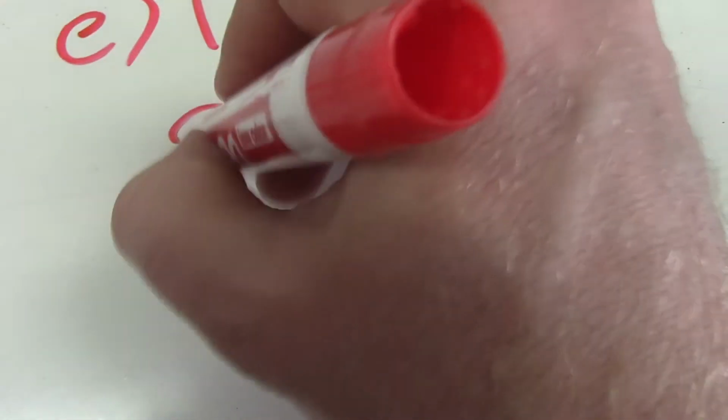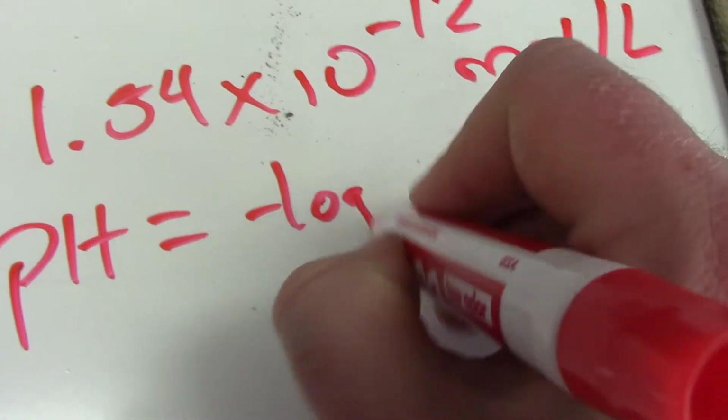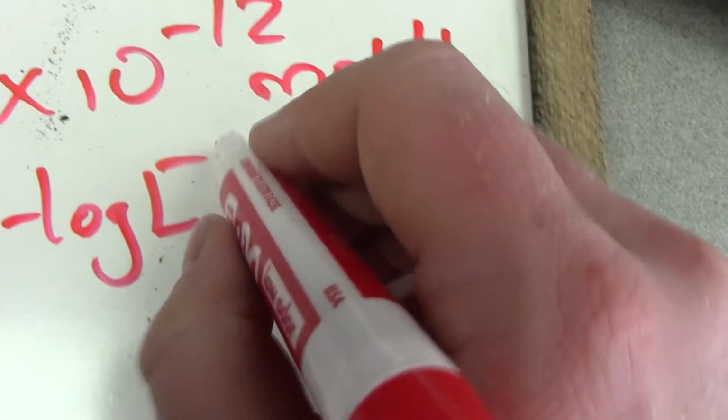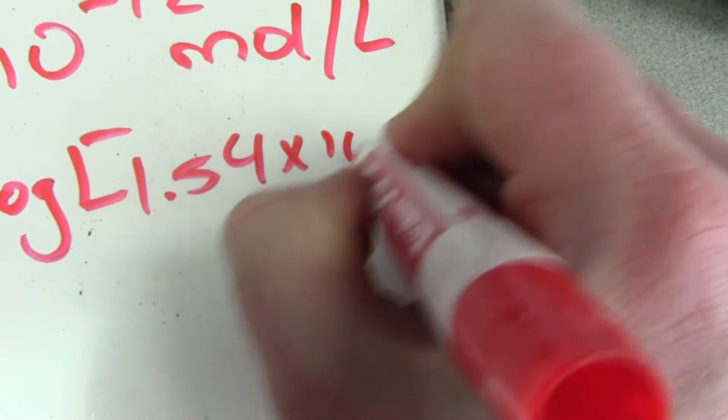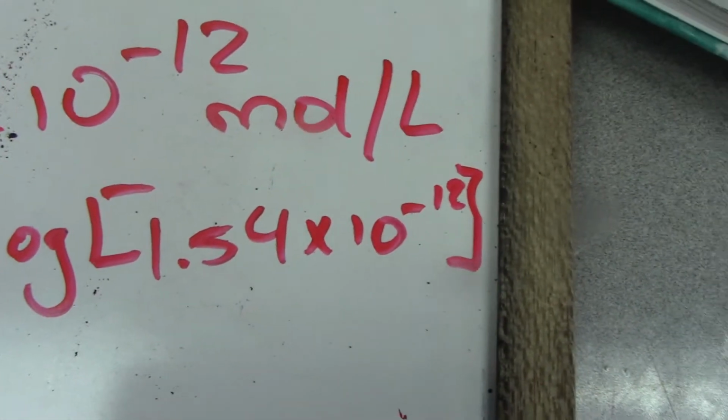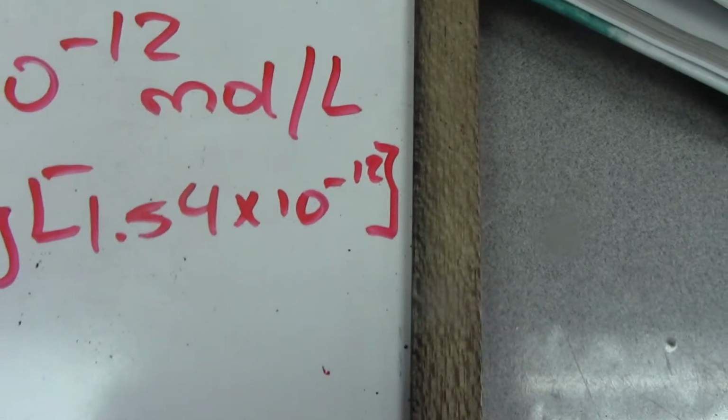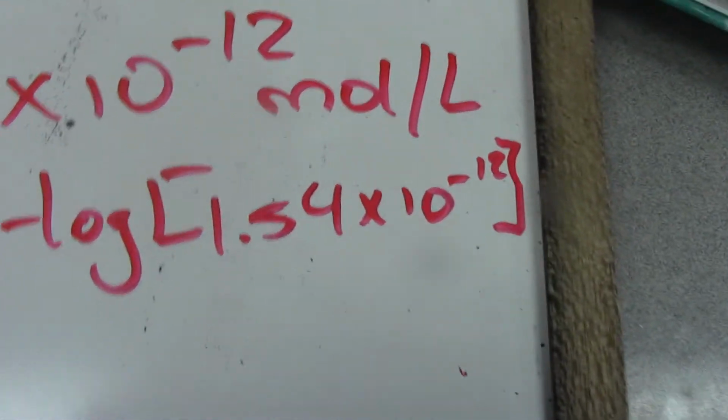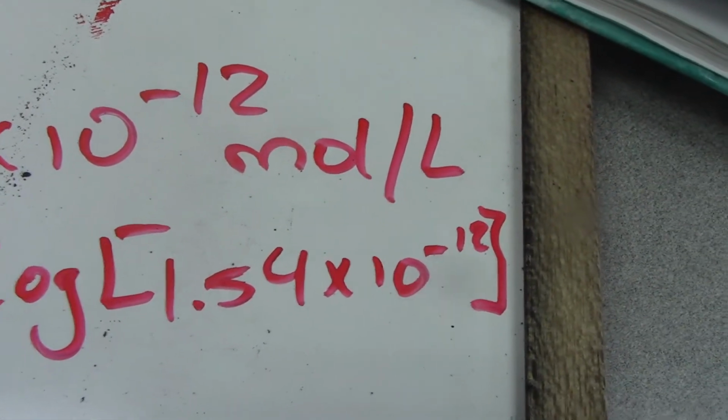So pH is going to equal the negative log of 1.54 times 10 to the negative 12. It's going to be a relatively high pH because that is a very dilute concentration of hydronium.